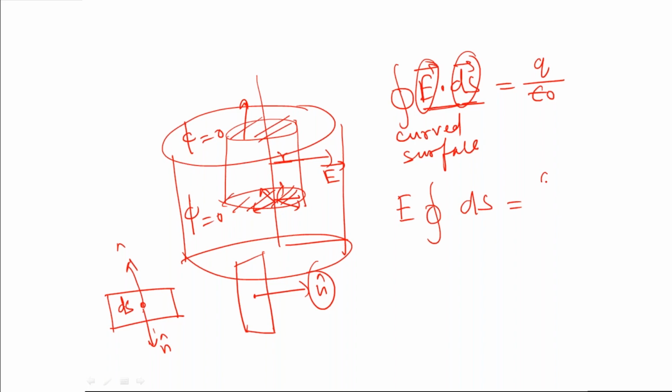What I have taken is L length. So lambda into L by epsilon naught. Now L goes off from both sides. And what is the expression I get for the electric field? Lambda divided by 2 pi epsilon naught r. So this is the expression we get for the electric field of an infinitely long charge distribution.